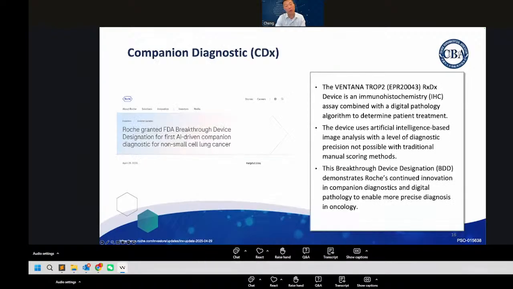The last use case I really want to bring your attention to is biomarker assessment using AI-enabled computational pathology, used in a companion diagnostic device. In April this year, Roche was granted FDA breakthrough device designation for the first AI-driven companion diagnostic, which is still under investigation for non-small cell lung cancer treatment.